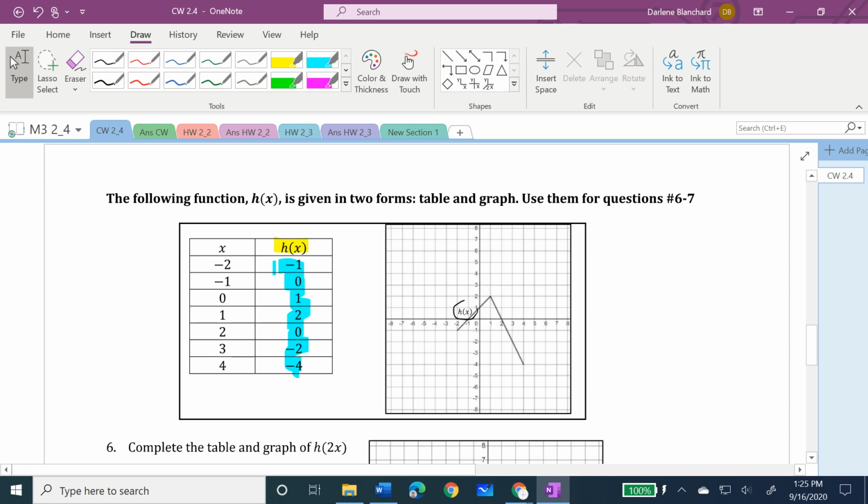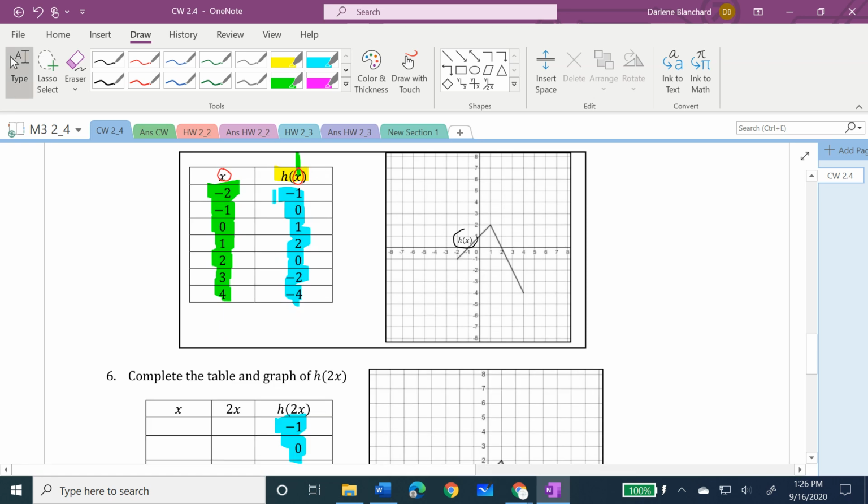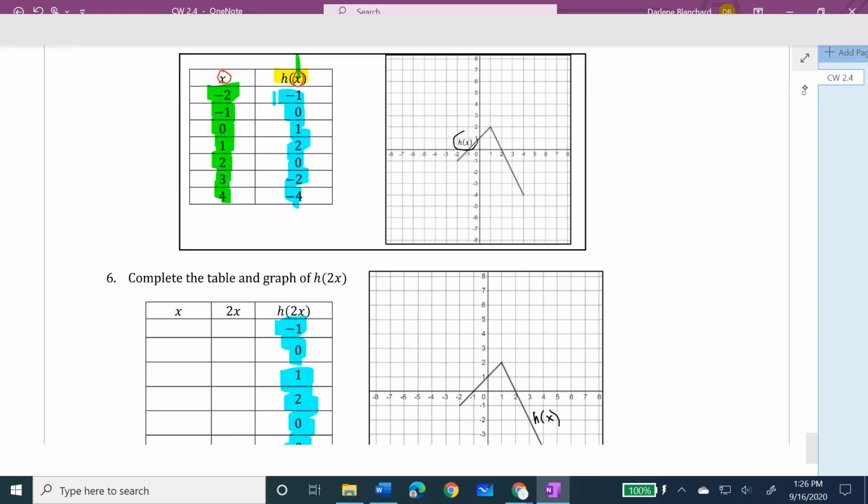And what you want to realize is whatever is inside of that h function, and it's just x, these are the values that go into the h function to give me these blue values. What that means is, and let me change to that, and I'm going to put this screen up where you can see a little bit more.